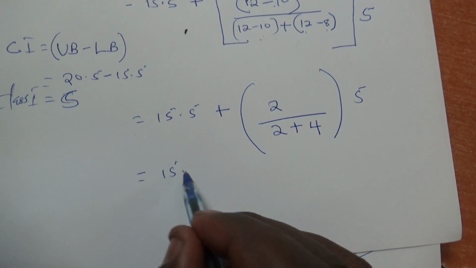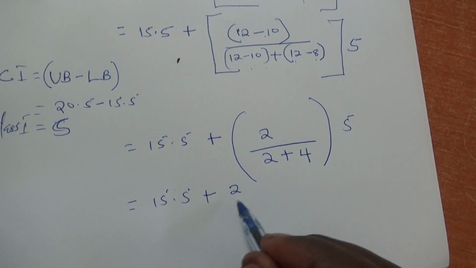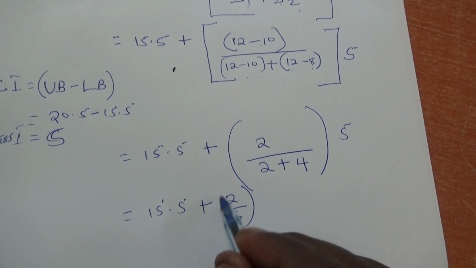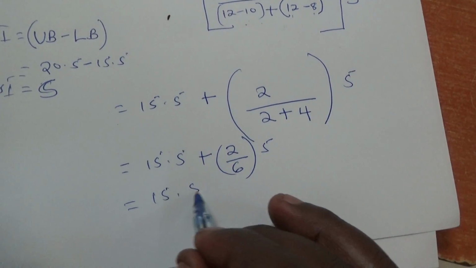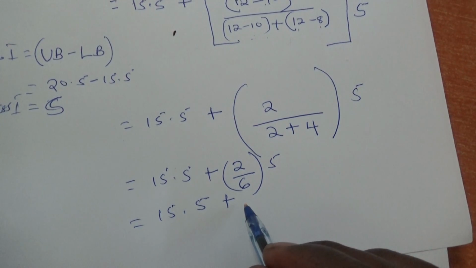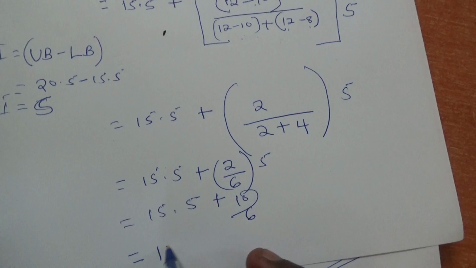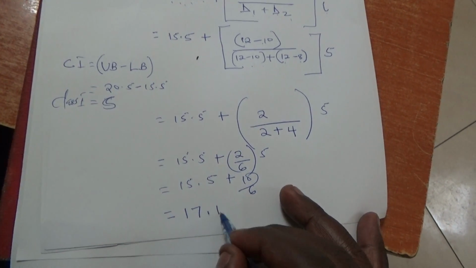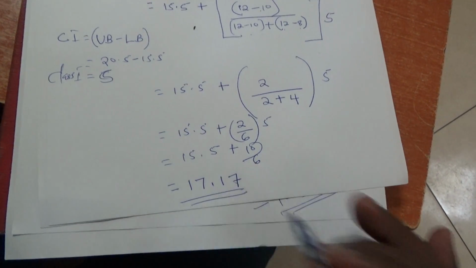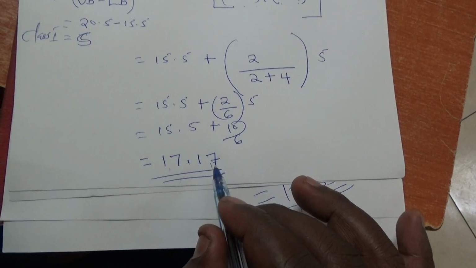So this is going to be 15.5 plus 2 divided by 6, times 5, which is going to be 15.5 plus 10 over 6, which is going to be 17.17. So you see, the mode is 17.17.